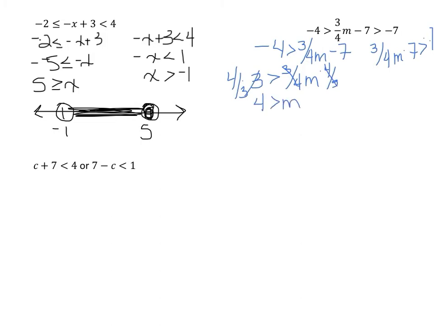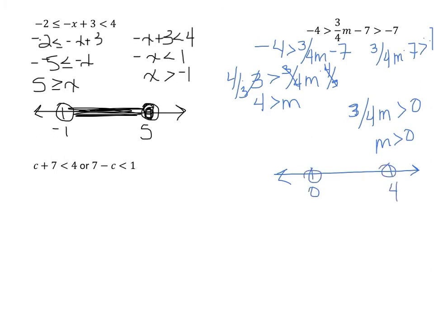And on the other one, if I add 7, I get 3/4 m is greater than 0. There's 0, there's 4. I need a value of m that's smaller than 4 and bigger than 0. So that'll fall right in here.